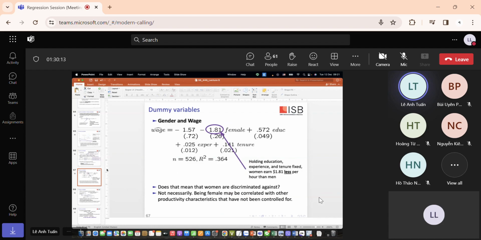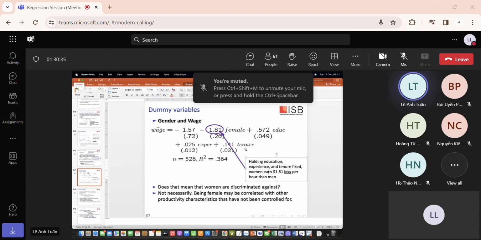Similarly here, holding the other variables constant, the coefficient of female is negative. That means the woman earns 1.81 less per hour than the male. But later we will test whether this coefficient is significant or not.